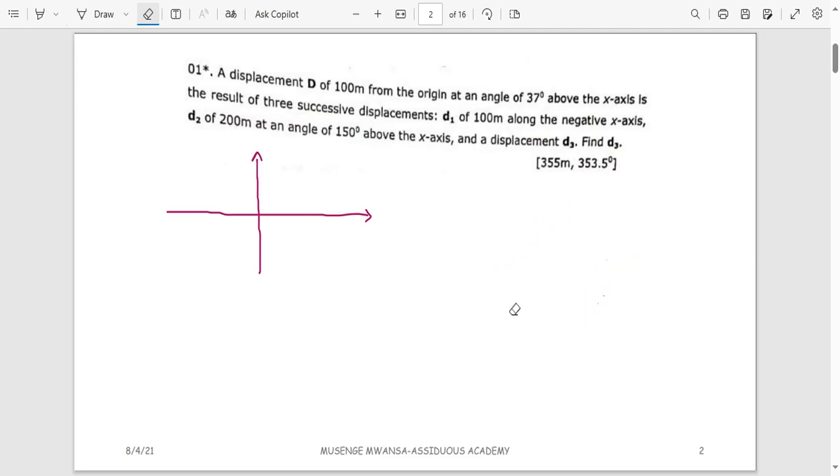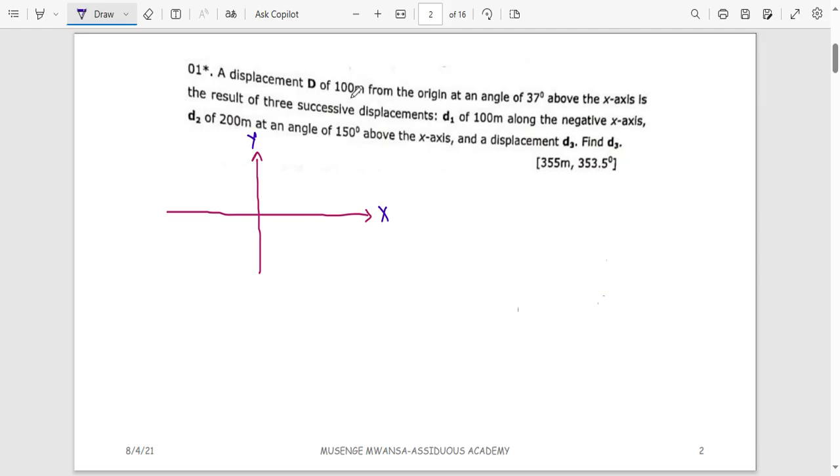So let's put the data that we have. We've been told that vector d, which is the resultant, is 100 meters from the origin. If we say from the origin, we mean from the positive x-axis. And every time we are moving in vectors, we always move in the anti-clockwise direction. Please note this, unless they've told you that you have gone in the clockwise direction, otherwise you go anti-clockwise.